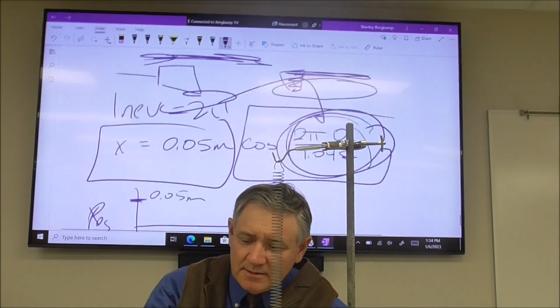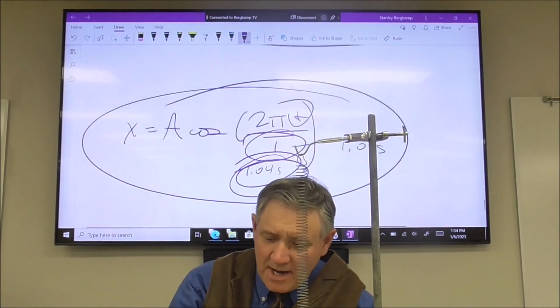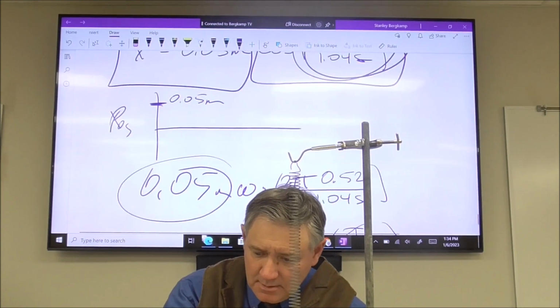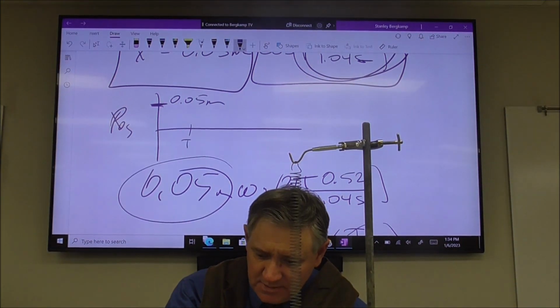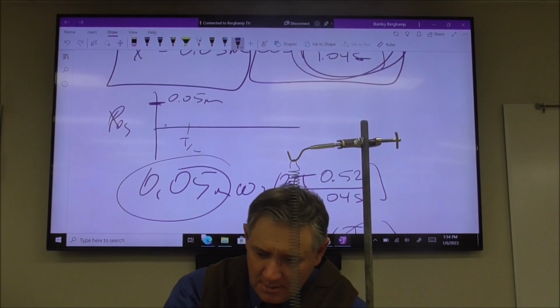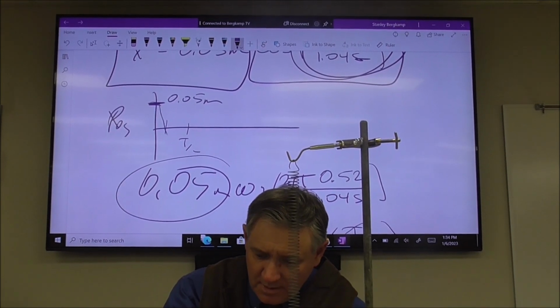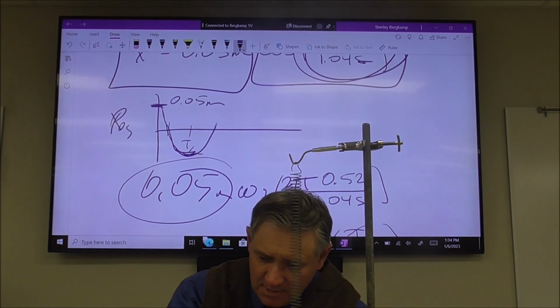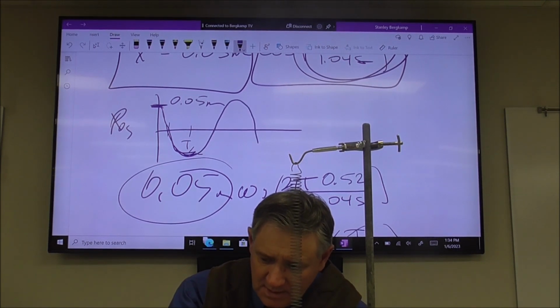This is why, when you go to that graph, when you're at t over 2, and there's 1/4, this is why you're down here at this point, and why it does this.